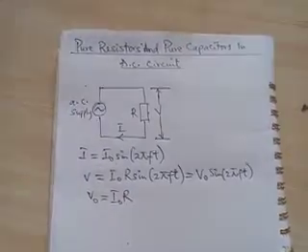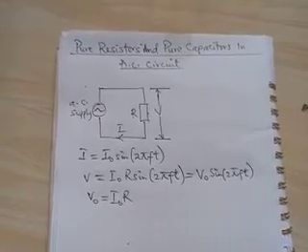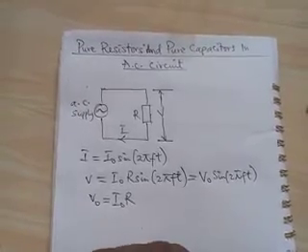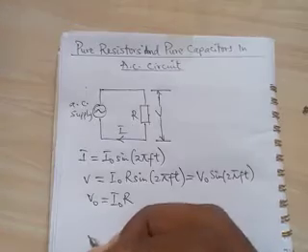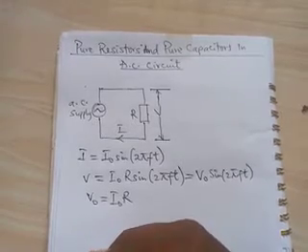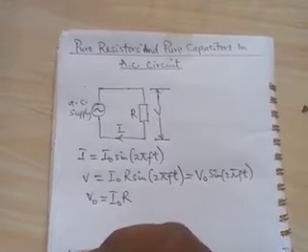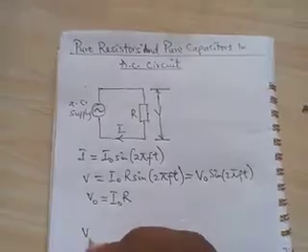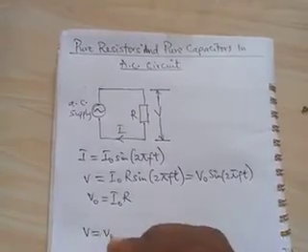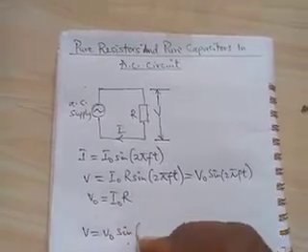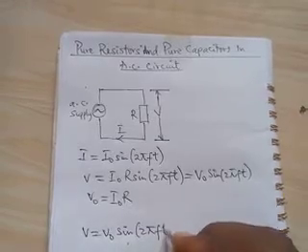For a pure capacitor, a pure capacitor has no resistance or self-induction. Now suppose that the alternating potential difference applied to the capacitor is given by V equal to V naught sine 2 pi ft.